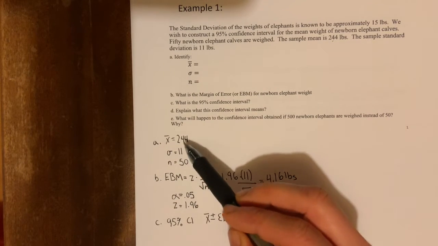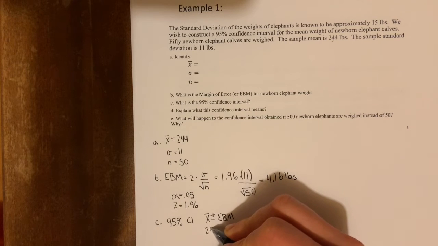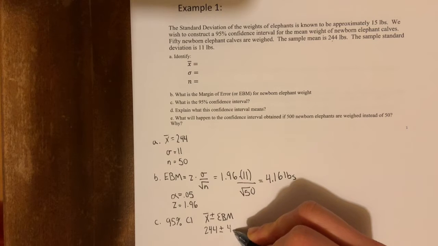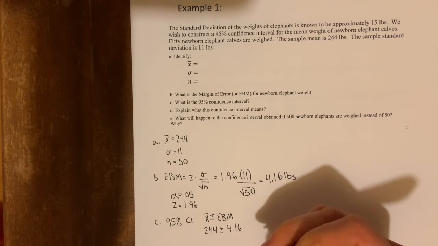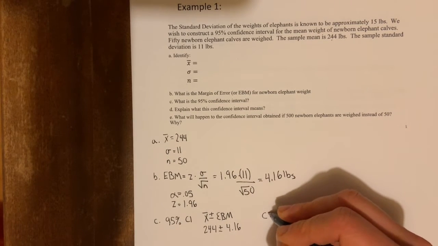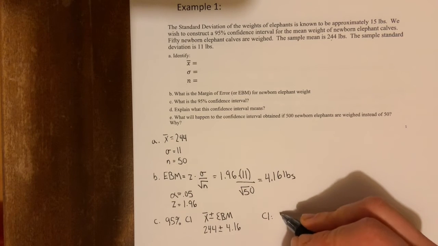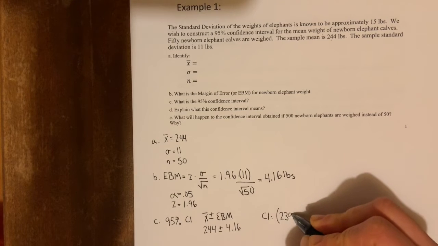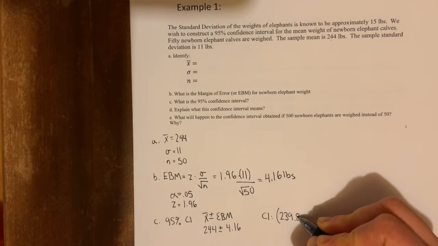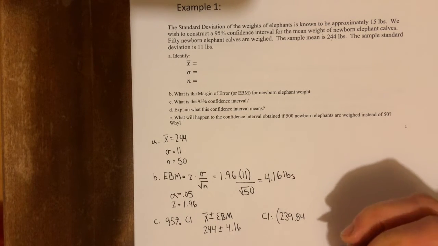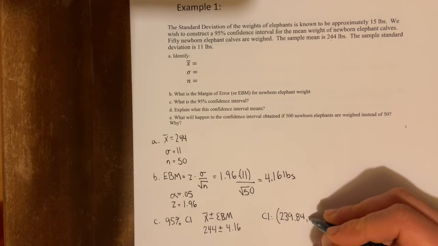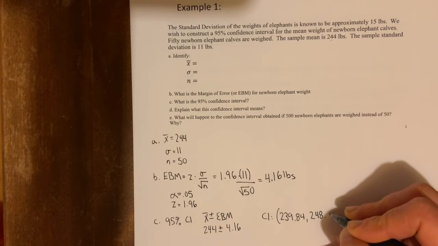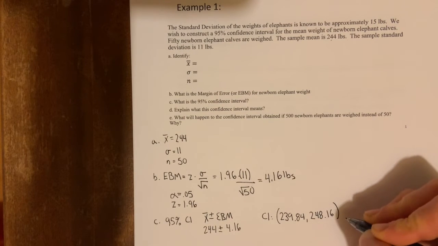So going back to here, 244 plus or minus 4.16. We can find that the confidence interval, this is the notation, usually use parentheses, the lower limit is 239.84, which is 244 subtract 4.16, and then the upper limit is 248.16.